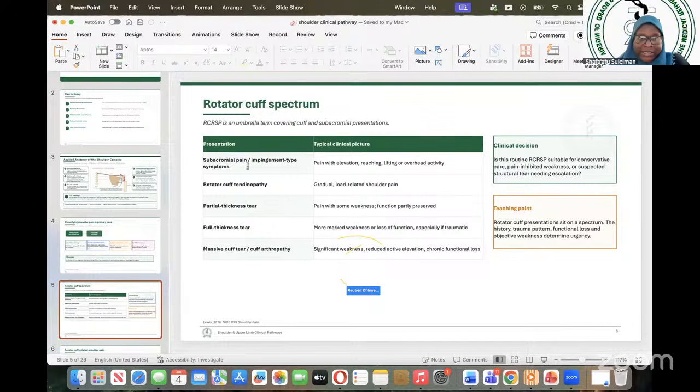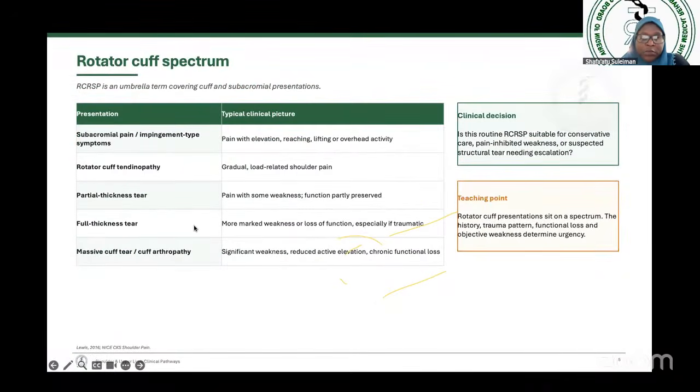So in the presentation for rotator cuff related pain, it can be a subacromial pain in the form of impingement. Typically, you will see pain with elevation, pain with reaching out for something, lifting, or any overhead activity. When we're thinking about tendinopathy, we typically see gradual, load-related shoulder pain.